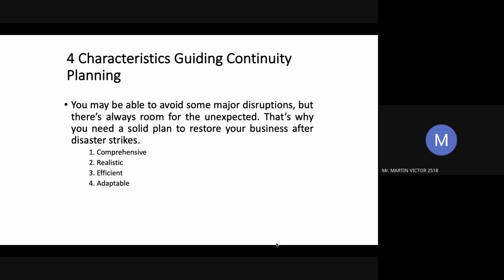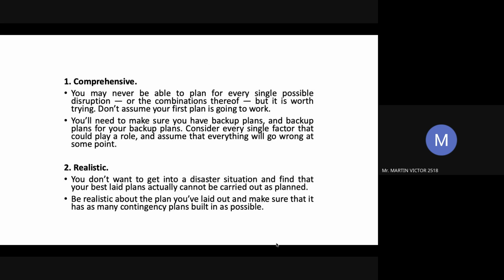So firstly, a comprehensive plan that's realistic, efficient, and adaptable. Now, comprehensive: as I said, we don't even know what would happen. We may never be able to plan for every single possible disruption.